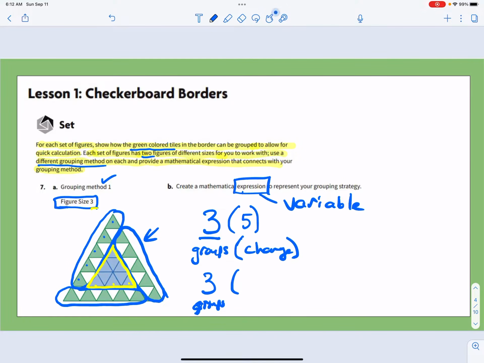And when I think about the 3 and the 5, what I have is the size of the group, which is 3, plus 2. So as an expression, one way of writing this is 3 times the quantity of the size plus 2. Okay, so that's what I want to use for this one. All right, that's my first expression.